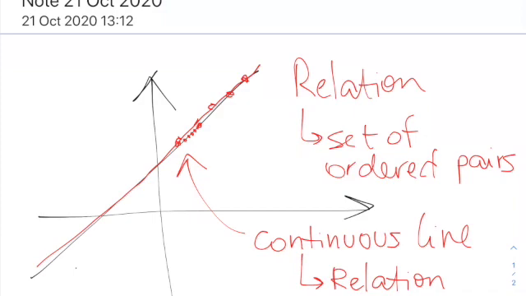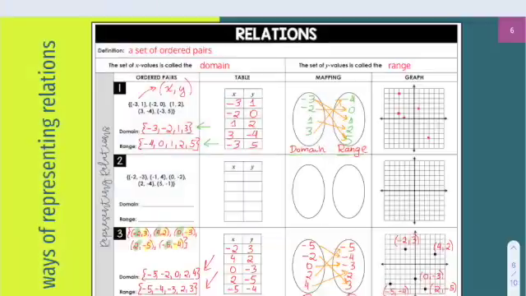But even though the points are infinite, not all of the ordered pairs that exist are part of this relation. Only the points that fit on this line are part of this relation. So this point isn't included in the relation, this point isn't included. Only the infinite points on the line are contained in this relation.